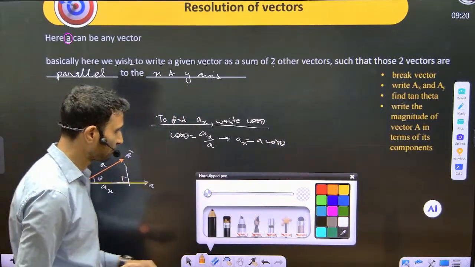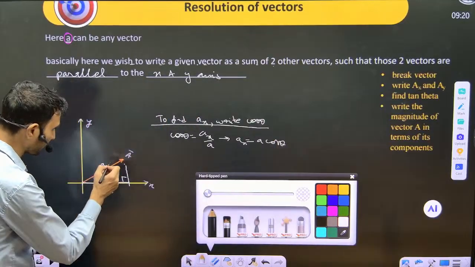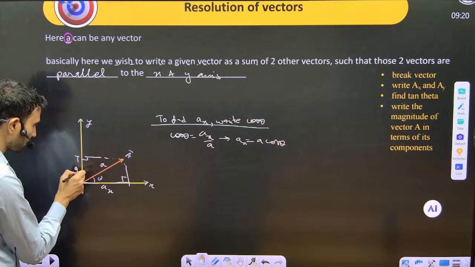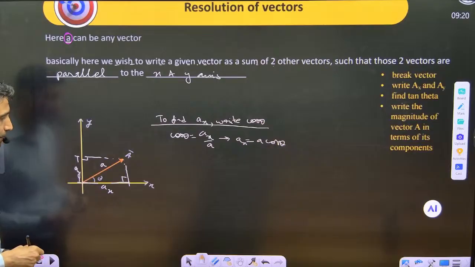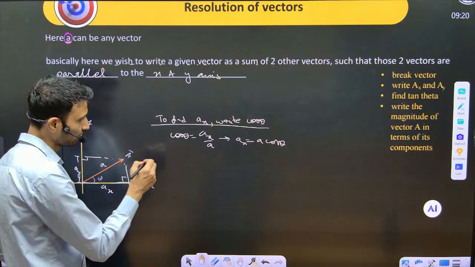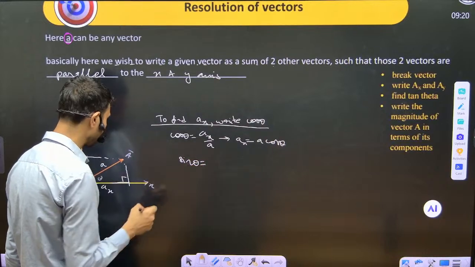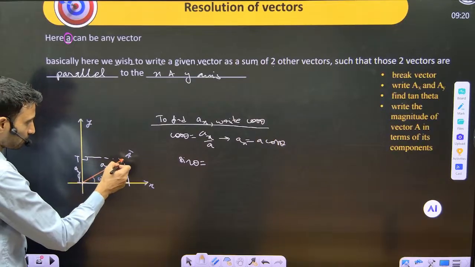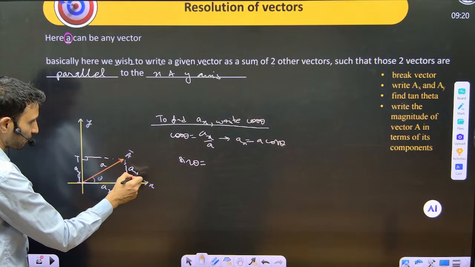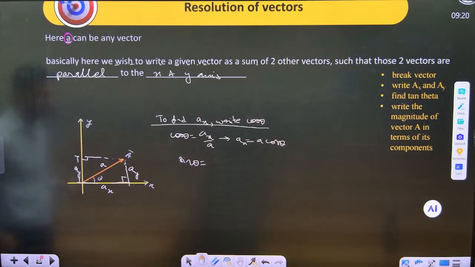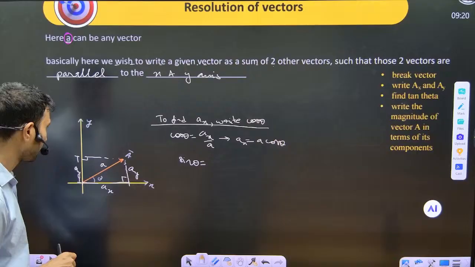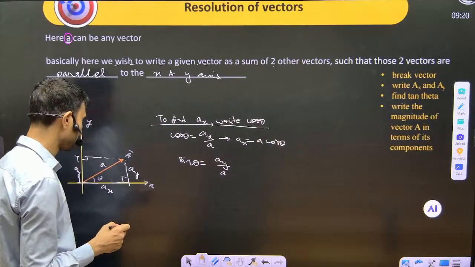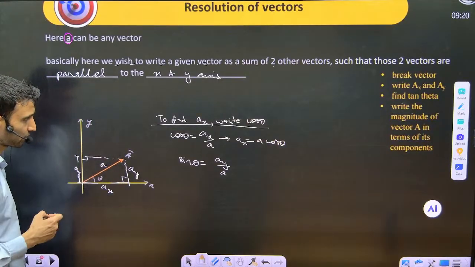So we got AX. Now also we'll get AY. For that again we'll drop a perpendicular on the y axis and let this be AY. So sin theta will be what? AY by A, right? Perpendicular upon hypotenuse.